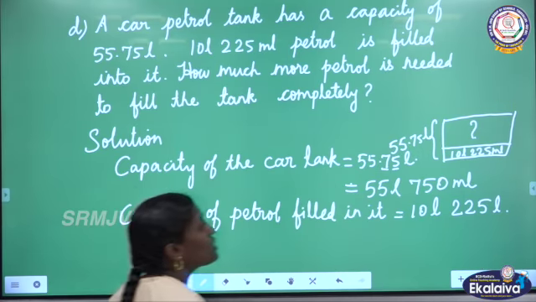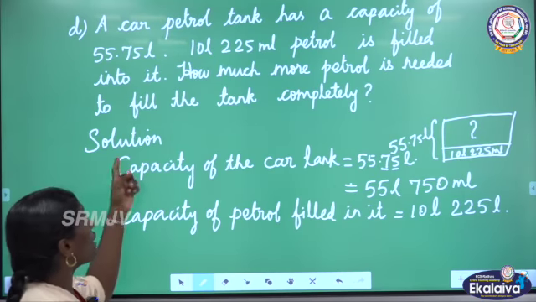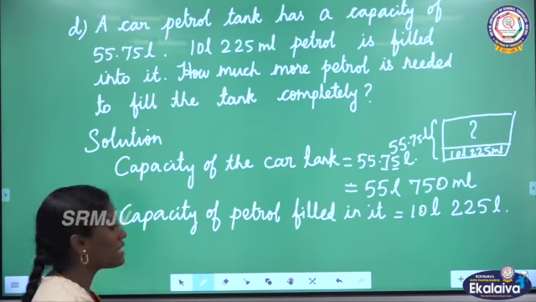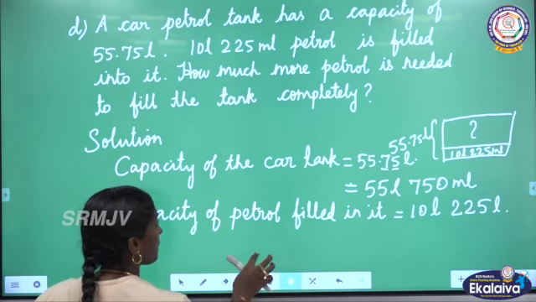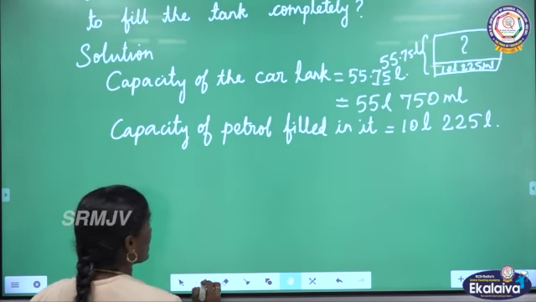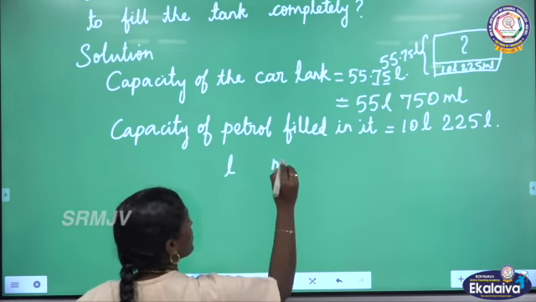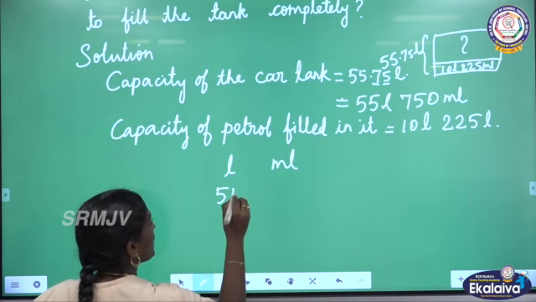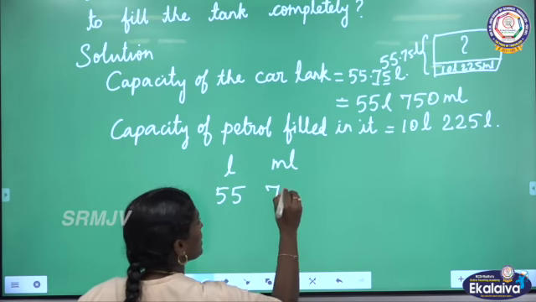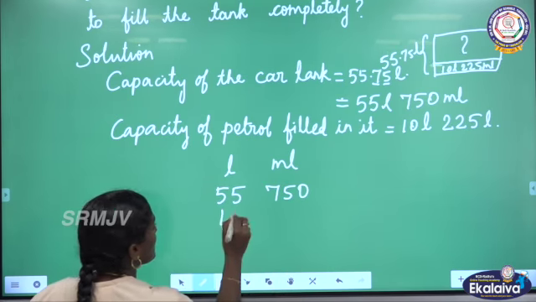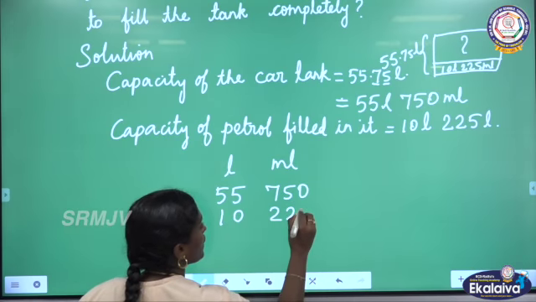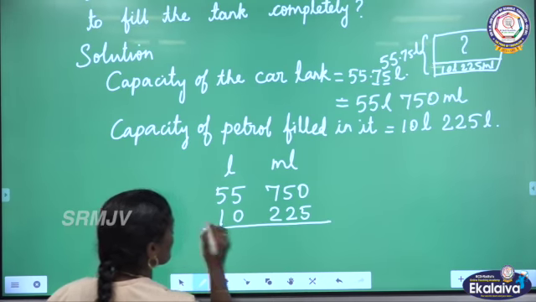Now we have to subtract these two to find out the capacity of petrol needed more. Okay. So first we are going to arrange it in liter and milliliter. Here this is 55 liter and 750 milliliter. Then 10 liter 225 milliliter.